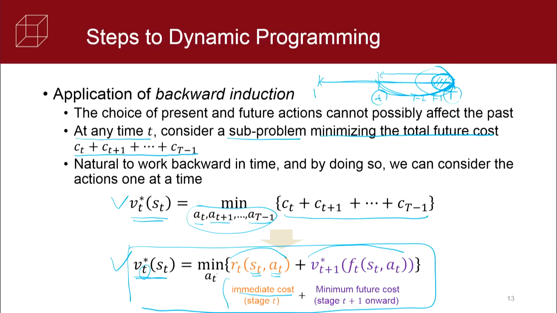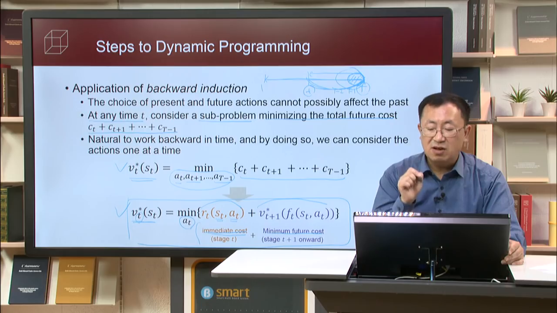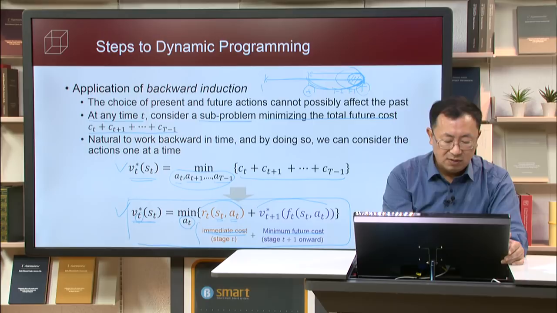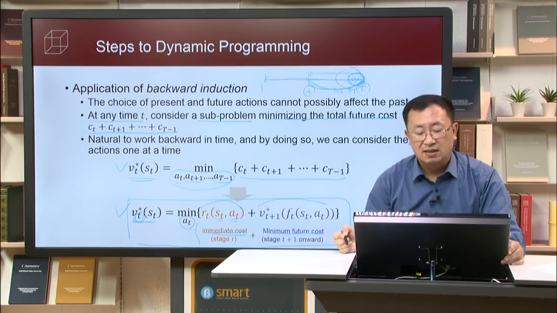You try to find the at that minimizes the immediate cost plus the minimum future cost. That must be the minimum future cost from t to the end.